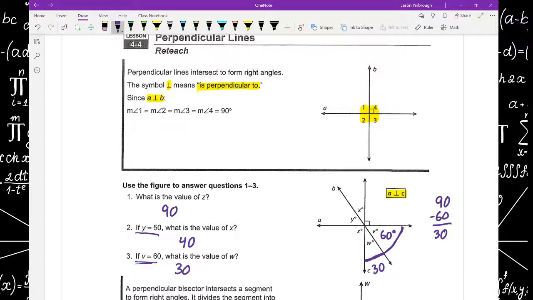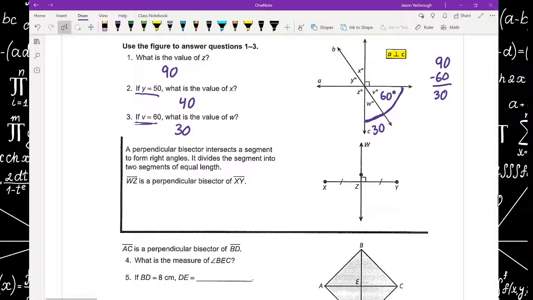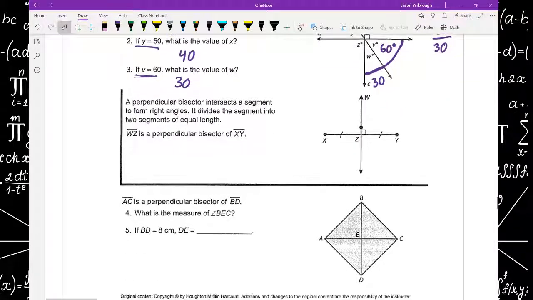That then takes us to the next section, where we're now talking about the perpendicular bisector of a segment forming two right angles. It divides a segment into two equal lengths. All right, in this situation, we've got WZ is the perpendicular bisector of XY. So notice, WZ is the bisector, so that's the one that is cutting something in half.